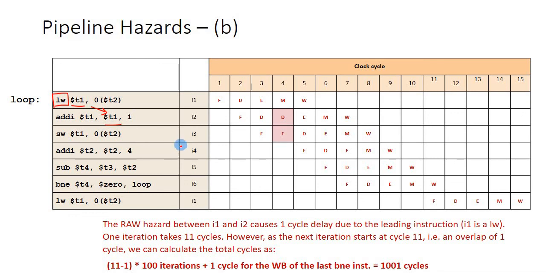Because for a load word instruction, the data is only available after I complete the mem cycle. After I read the data from the memory, then only it is available to me. So I have to wait until the mem cycle is completed before I can use it in the second instruction.